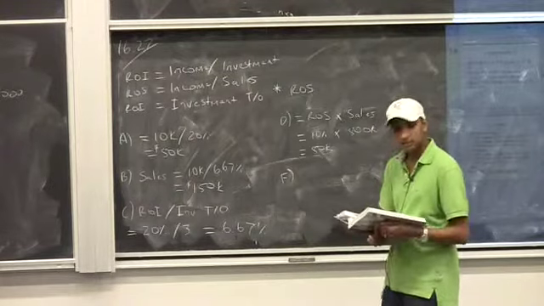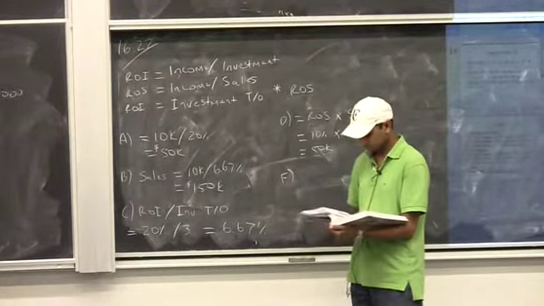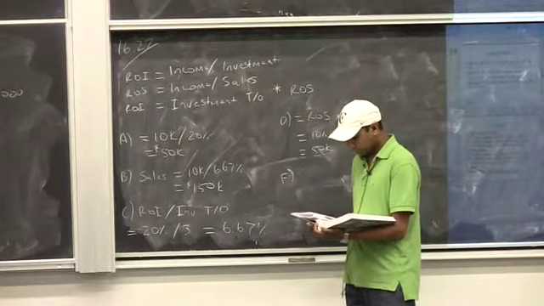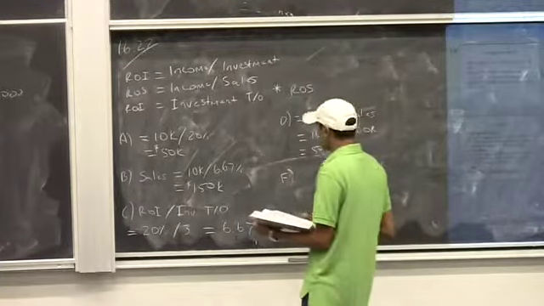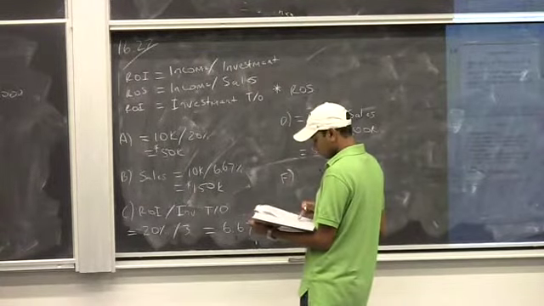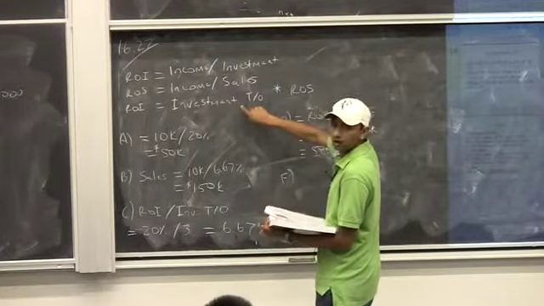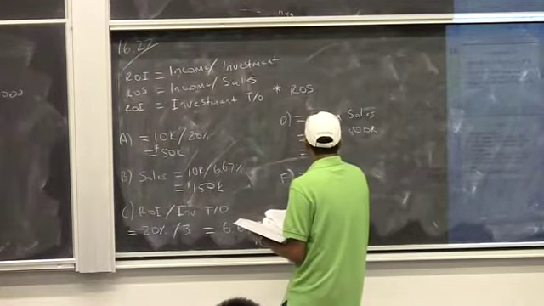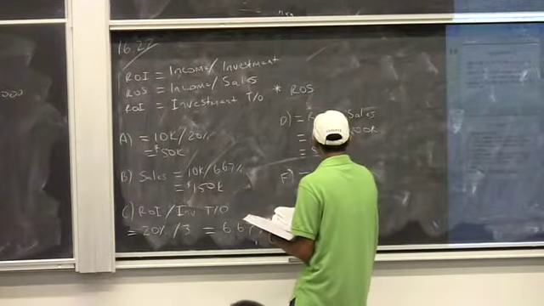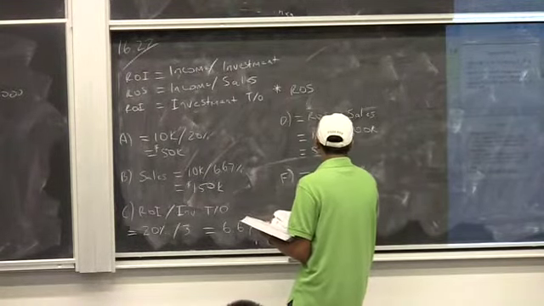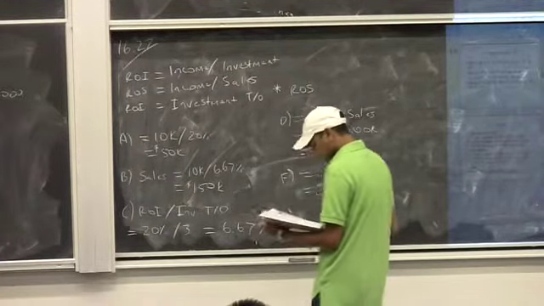F is asking for return on investment. 20%? Yeah, 20%. How'd you get that? Yeah, use this formula. Okay? 2 times 10%. What's E?